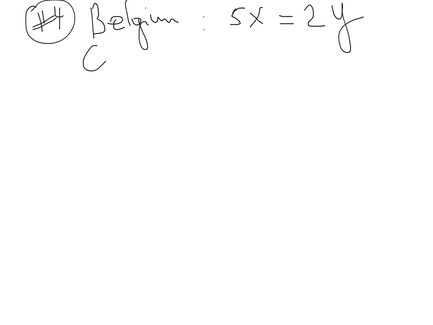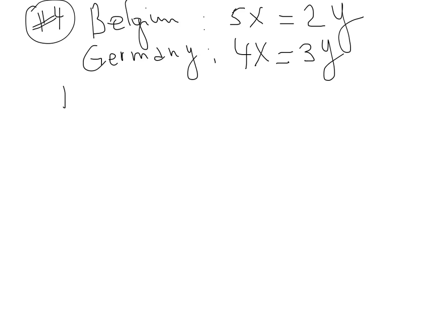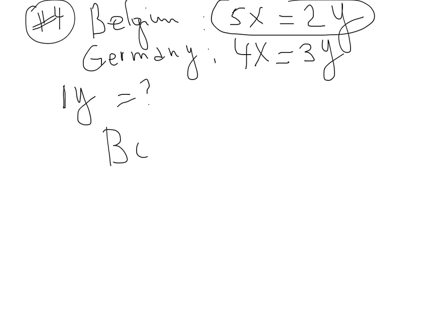And Germany can produce 4 units of good X or 3 units of good Y. What would be the terms of trade between Belgium and Germany for 1 unit of good Y? So we have to figure out 1Y for each of the countries. We look here at Belgium.